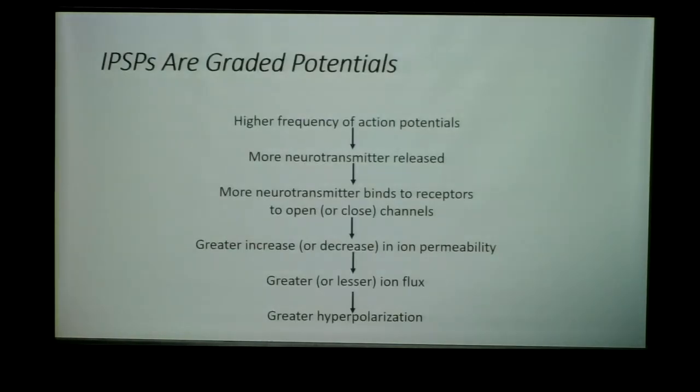Okay, so let's look at a little bit of an example here of how these IPSPs or graded potentials are transmitted. So we spoke about action potentials, we spoke about the difference in frequency of action potentials, and we pretty much said that we cannot grade an action potential, right?